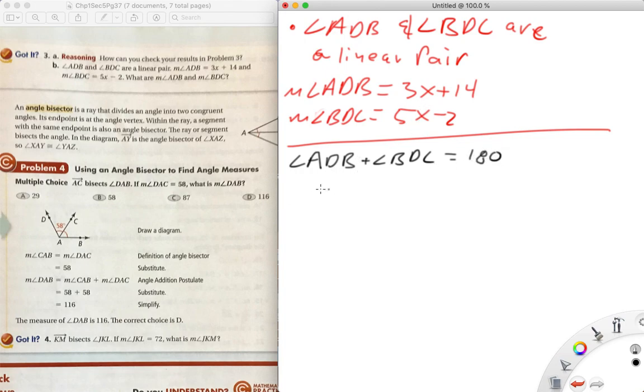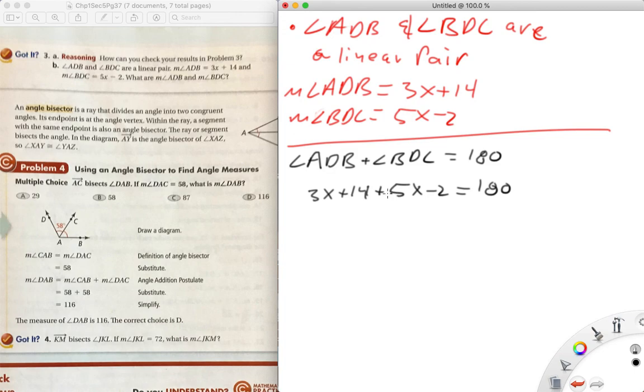So then I can substitute and I can say 3x plus 14 plus 5x minus 2 equals 180. I'm substituting using the linear pair postulate.